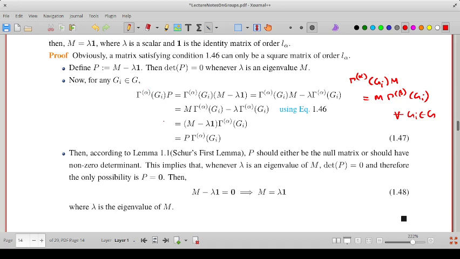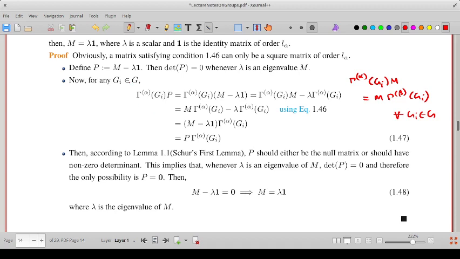So now consider this equation. Here alpha and beta are the same. Then this would immediately say that M should either be a null matrix or a non-singular matrix.